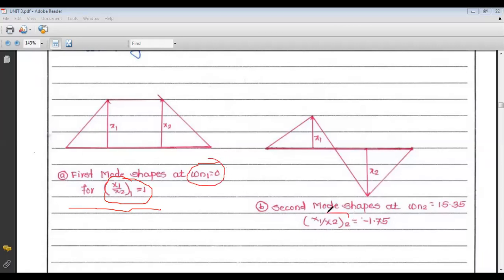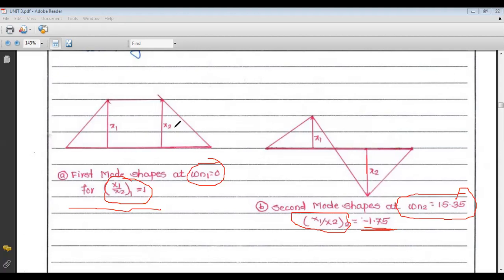This is the second mode shape, with value minus 1.75 at the second natural frequency, 15.35 radian per second, and they are out of phase. One is moving in one direction, the other in another direction. But in the first diagram, both displacements are in one direction only.